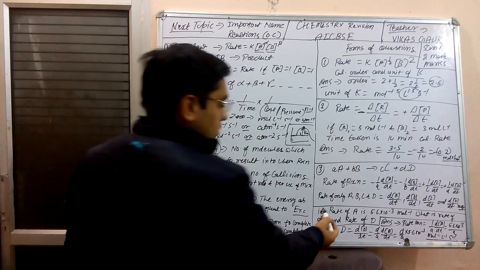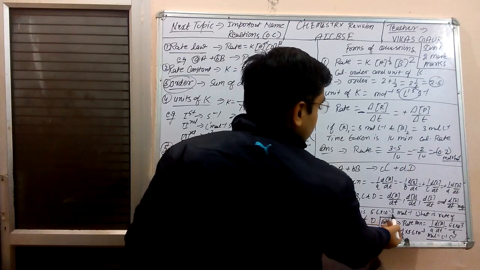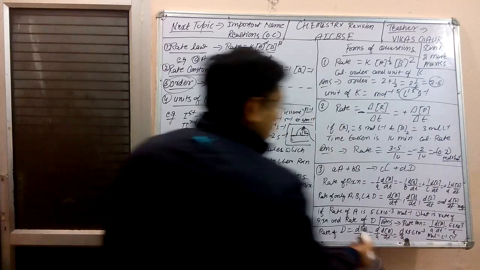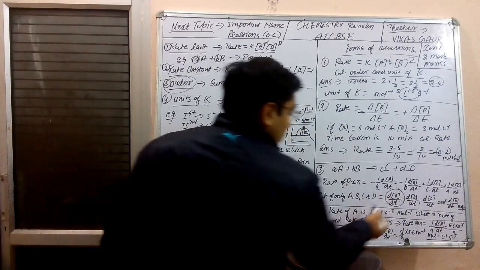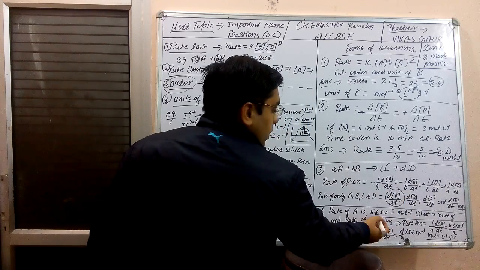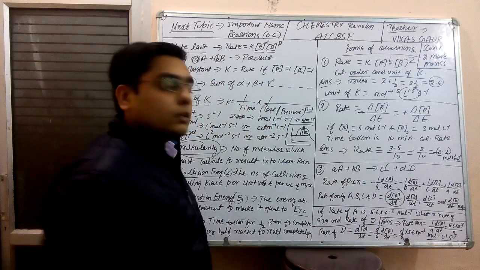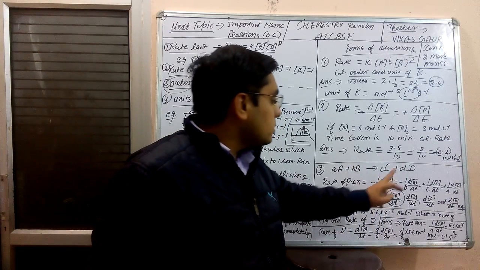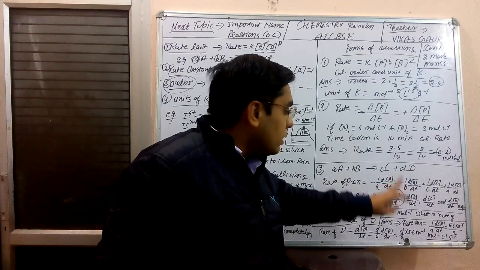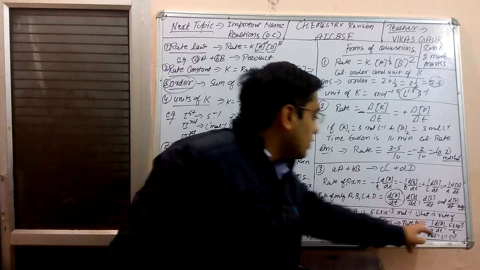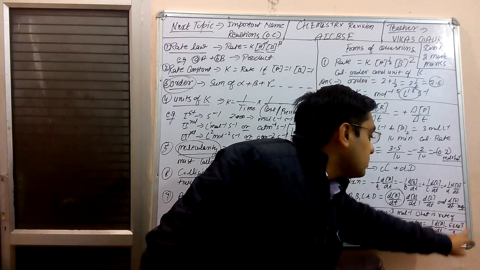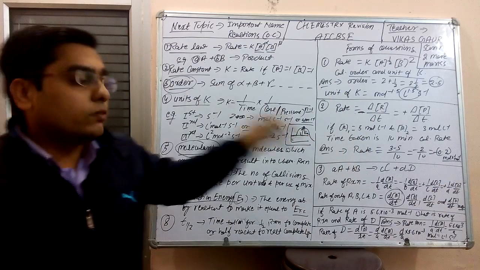Question comes like this: the rate of A is 5.6 times 10 to the minus 3 moles per liter. Means dA by dt is the given rate, the complete value of this 5.6 times 10 to the minus 3. Then what is the rate of reaction and rate of D? So according to the equation, rate of reaction is equal to dA by dt divided by a. The value of this complete dA by dt is 5.6 times 10 to the minus 3 upon a, whatever is given in the reaction.